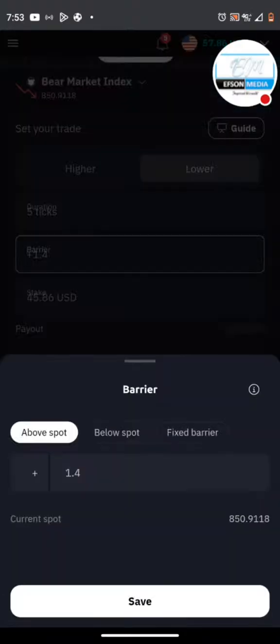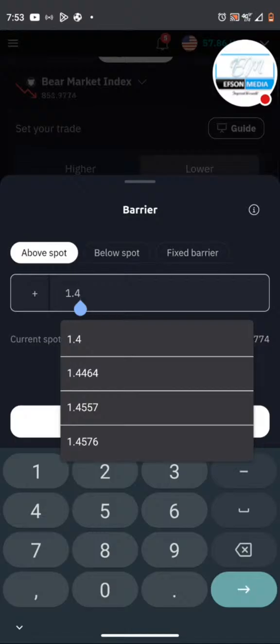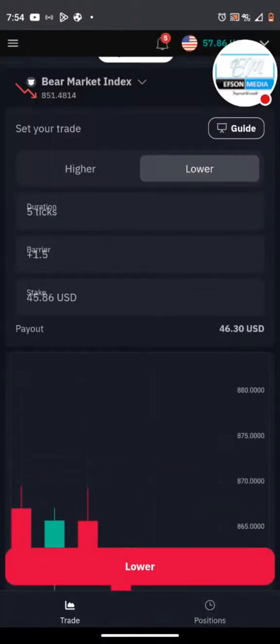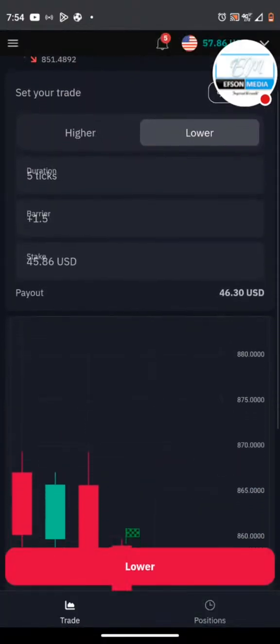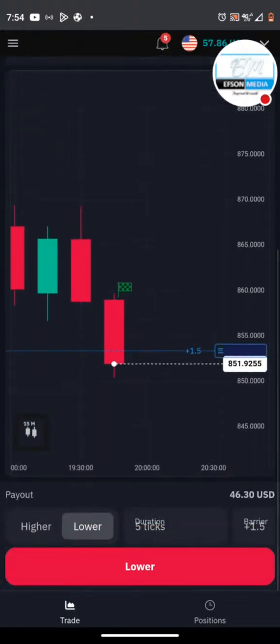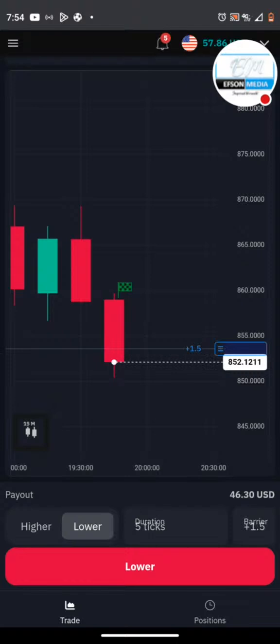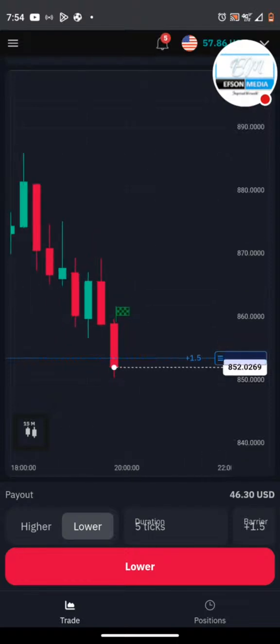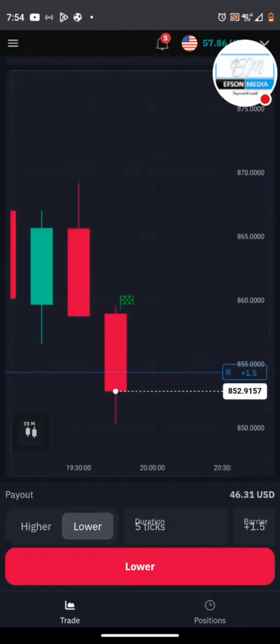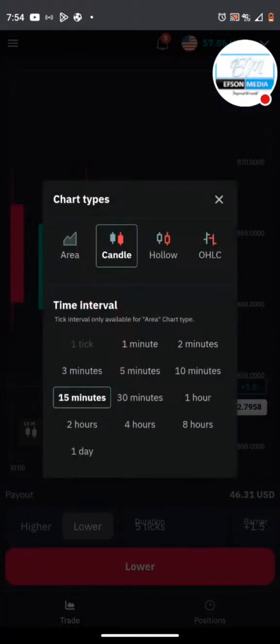Set the barrier to 5. This 5-minute candle.